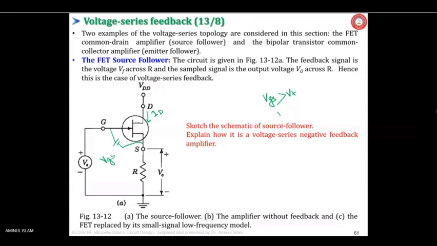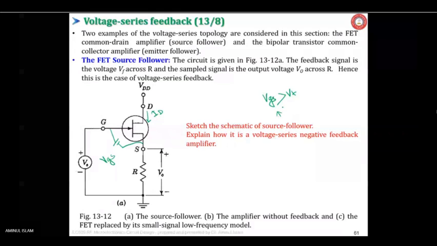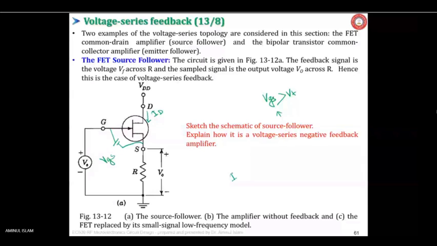If you increase further, current possibly will increase because the current equation is ID equals to, let me write in short, beta times (VGS minus VT) whole square by 2. Where beta normally is written as the gain factor mu n Cox W by L. Whole thing is for beta.